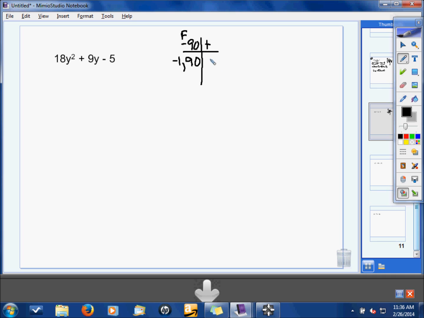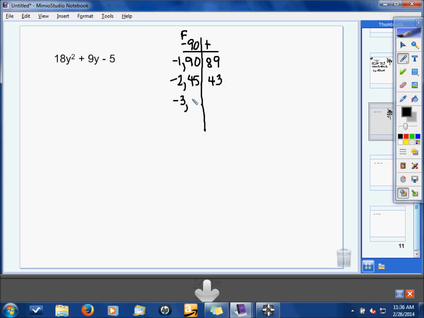The sum is 89. That one didn't work. Does 2 go in? 45? Yeah. So what is negative 2 plus 45? 43. That's not our answer yet.